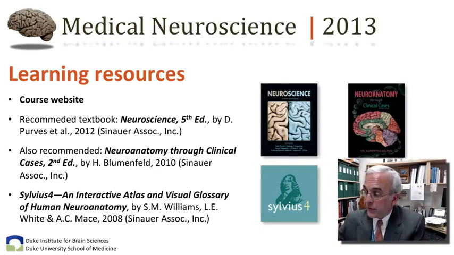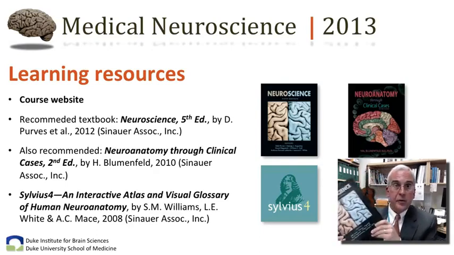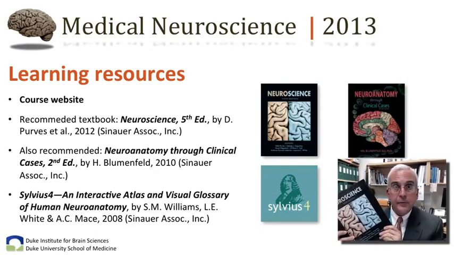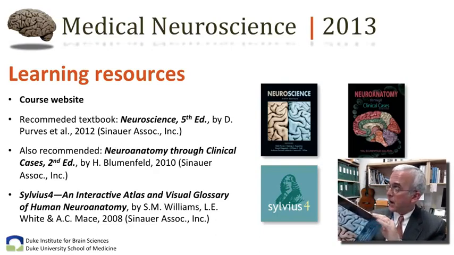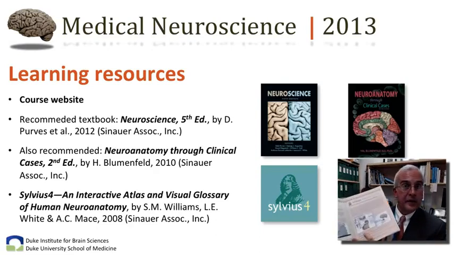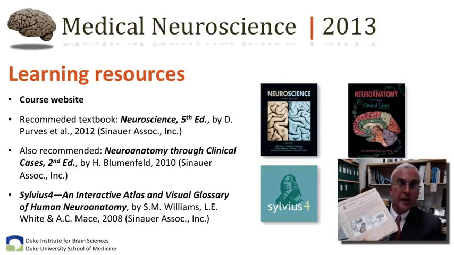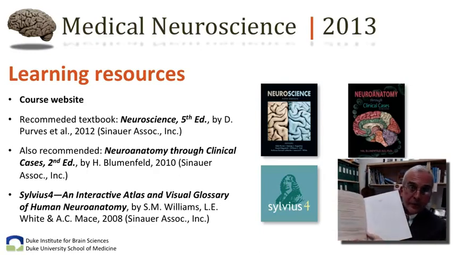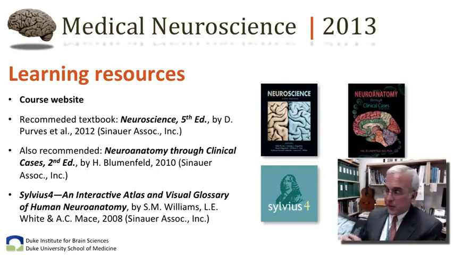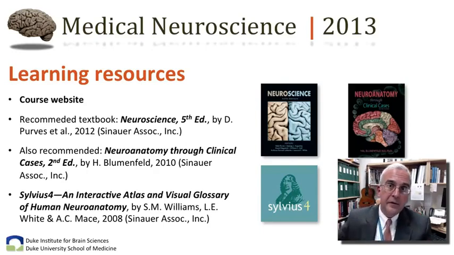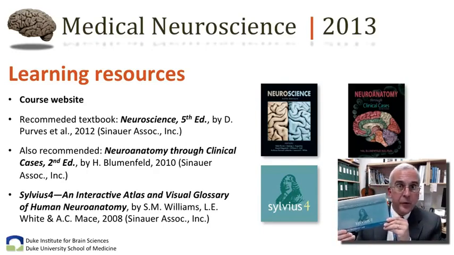Now, if you choose to acquire the neuroscience textbook, you'll see that it comes with a copy of this software. If you look on the inside cover, you'll see instructions about how to download this piece of software. You can also acquire this digital atlas of the human brain on your own. It's also sold by Sinauer and Associates as a standalone product.